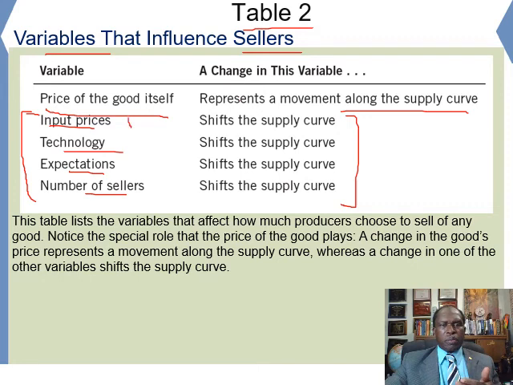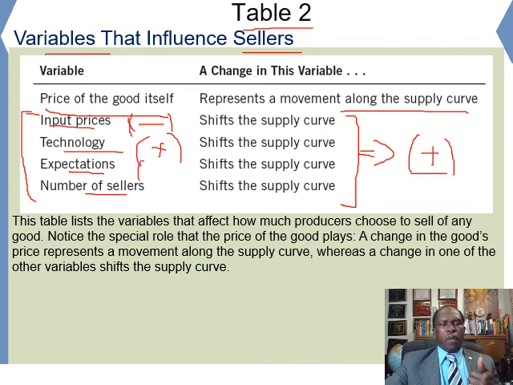For instance, with a decrease in input prices, production will increase and the supply curve will increase and shift to the right. New and better technology will increase production, and the supply curve will increase and shift to the right.